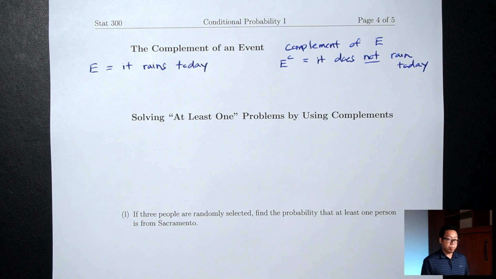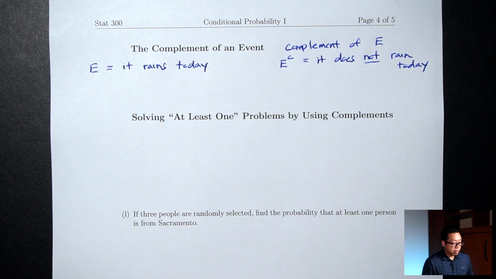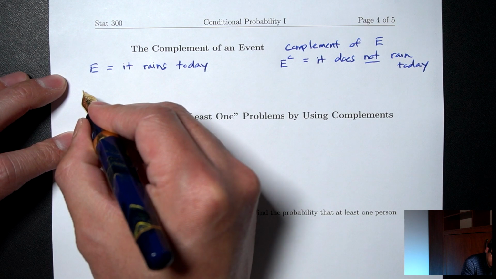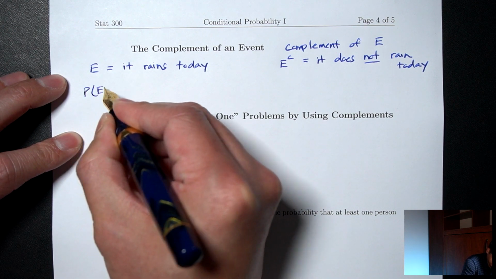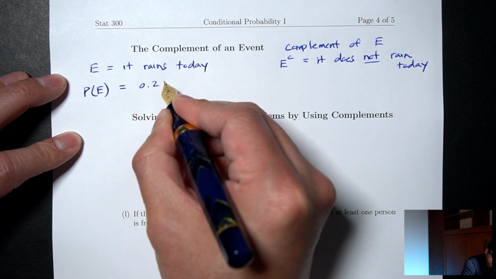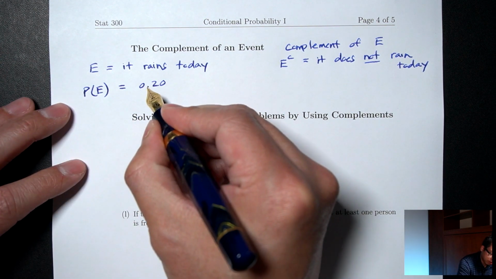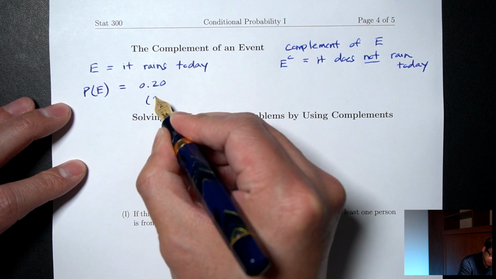So what's the relationship between the probability of E and the probability of its complement? Say we know that the probability of it raining today is, I'm just going to pick a random number here, 0.20, which as a percent is 20%.